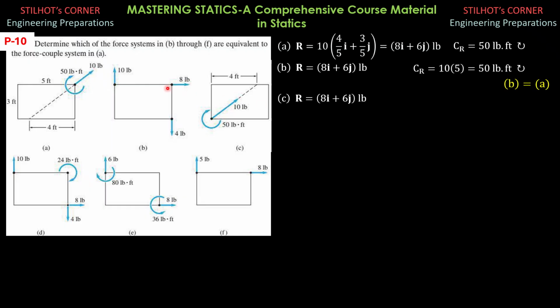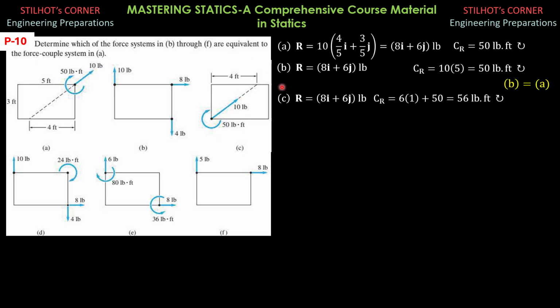Now, how about the moment about B? There are two components here, Ry, which is 6, and Rx, 8, which passes through that corner, so it is not involved in the moment equation. So the moment about this is 50 pound-foot plus the clockwise moment of the vertical component, 6 times 1.